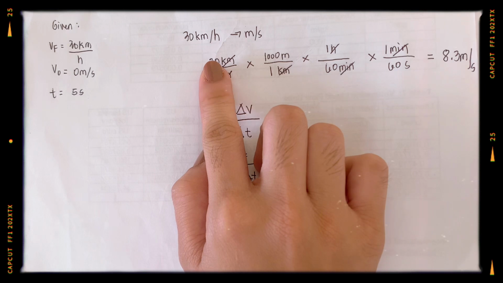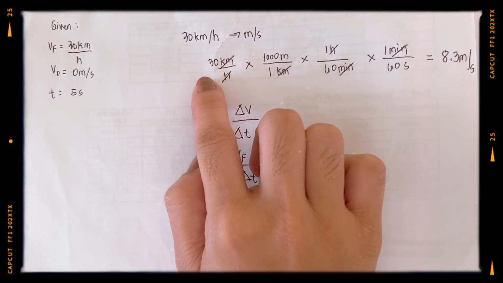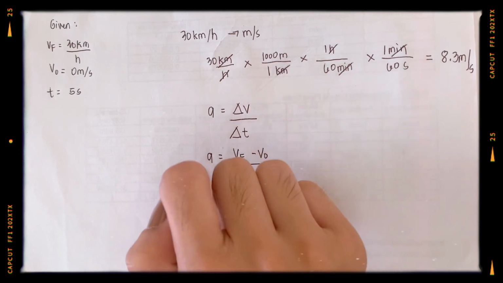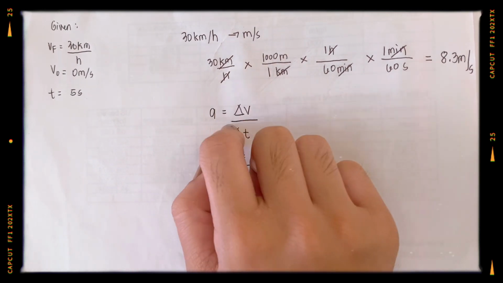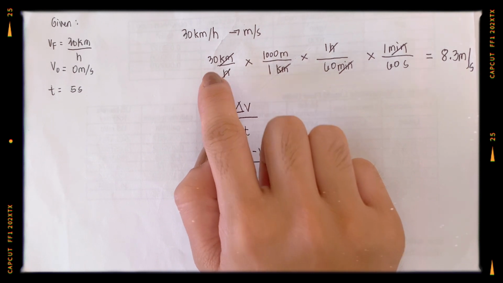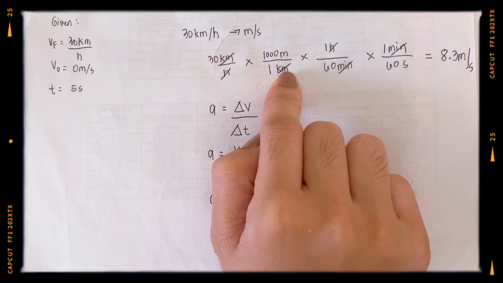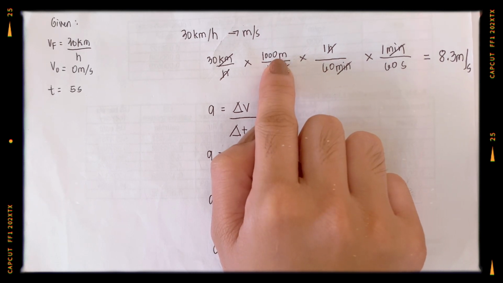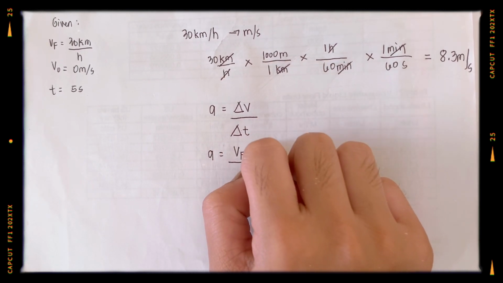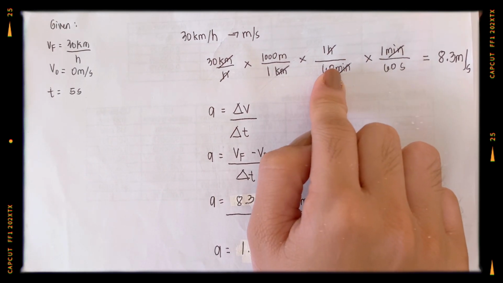We cannot calculate the acceleration because the units are not consistent. So, we need to use conversion. First, we convert 30 kilometers to meters, and we have 1 kilometer equal to 1,000 meters. Cancel the same unit and proceed in converting hours to seconds.